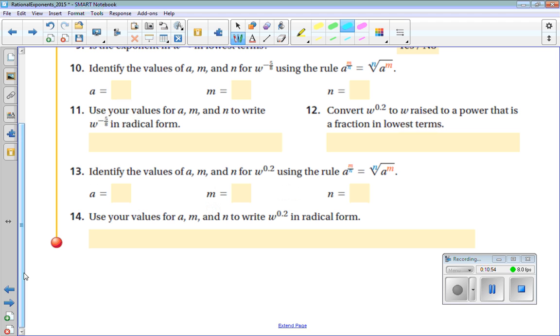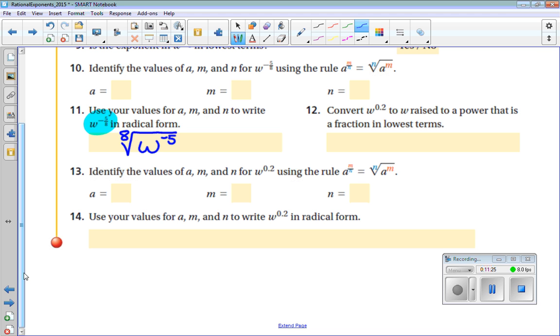If I wanted to write this in radical form, the first thing I'm going to ask you is, what's the index? 8. I agree. What's the base, what goes underneath the radical? A W. What power is it being raised to? Not just positive 5, but a negative 5.